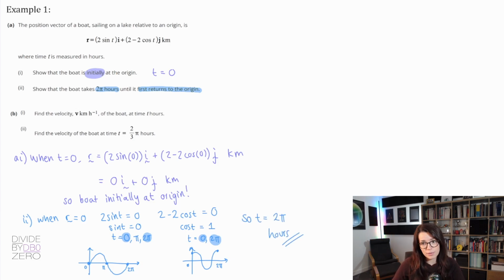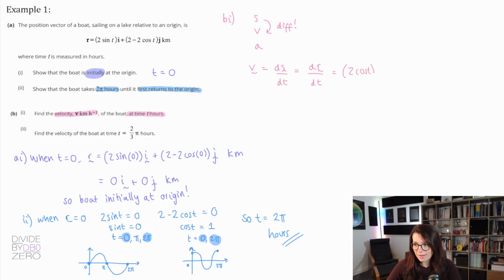For part B, they want the velocity of the boat at time t hours. So here is where I would write SVAR. And I would see that to go from displacement to velocity, that's going down the list, so we need to differentiate. So I'd write v equals ds/dt, in this case dr/dt, and that would be 2 cos t i plus 2 sin t j, kilometers per hour, and that's it.